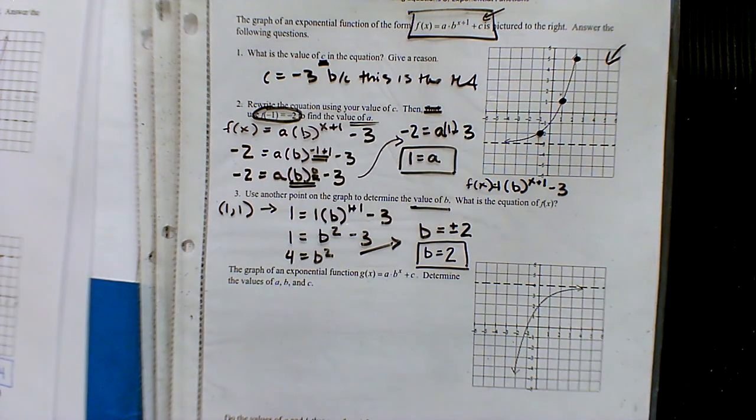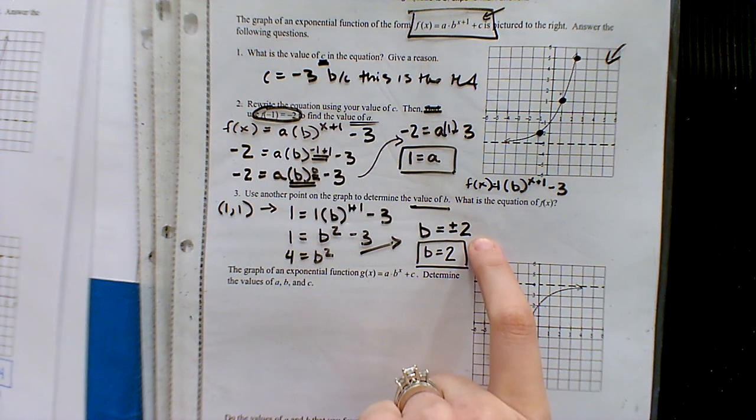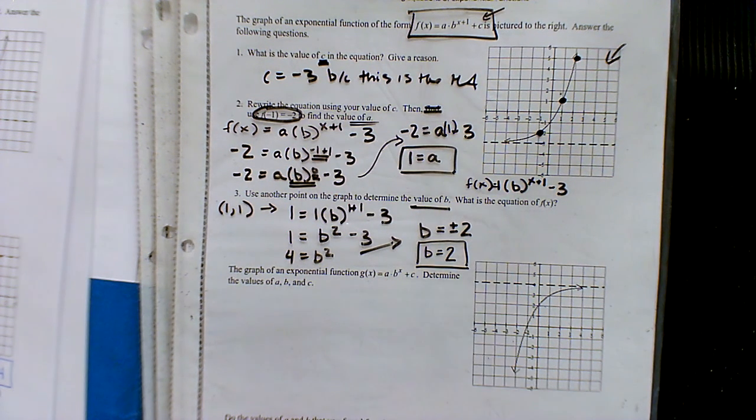If we think about the descriptions that we've said the B value could be, we've said it could be bigger than 1 or between 0 and 1. Notice how we never included a negative base. So if you do come across that option where you have possibilities, make sure you choose the one that fits either of those descriptions. Okay, bigger than 1 or between 0 and 1.